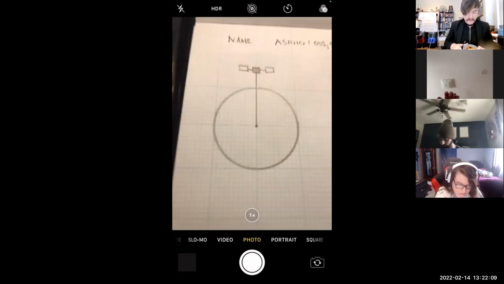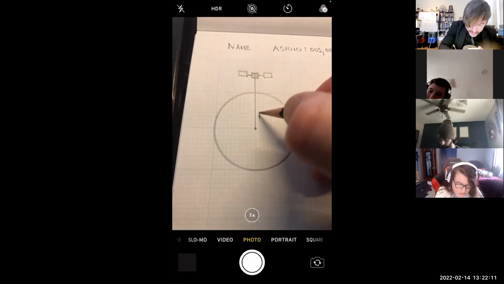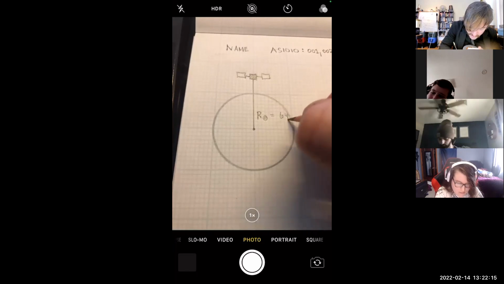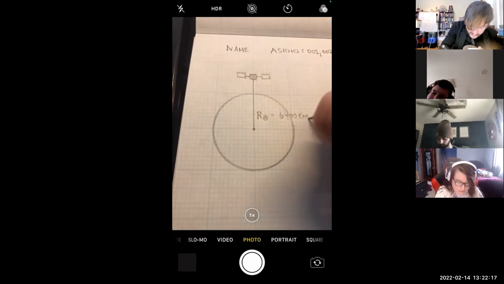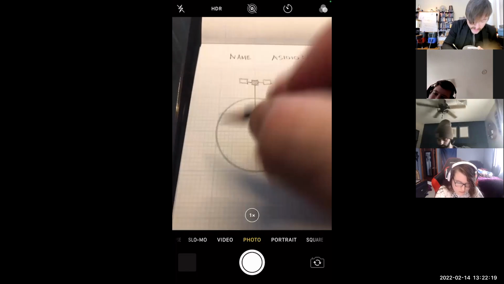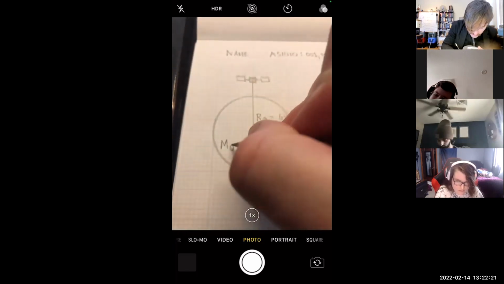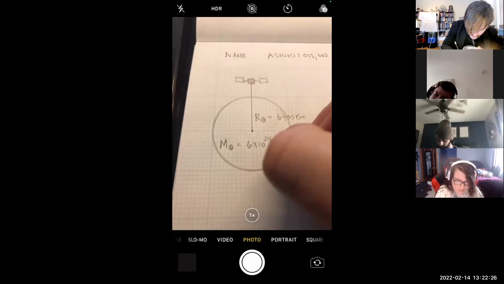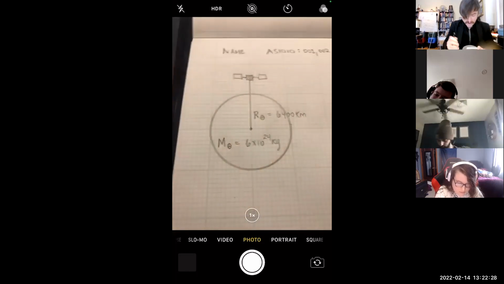We're going to have some givens here. We know the radius of Earth is 6,400 kilometers. We know that the mass of Earth is 6 times 10 to the 24 kilograms.